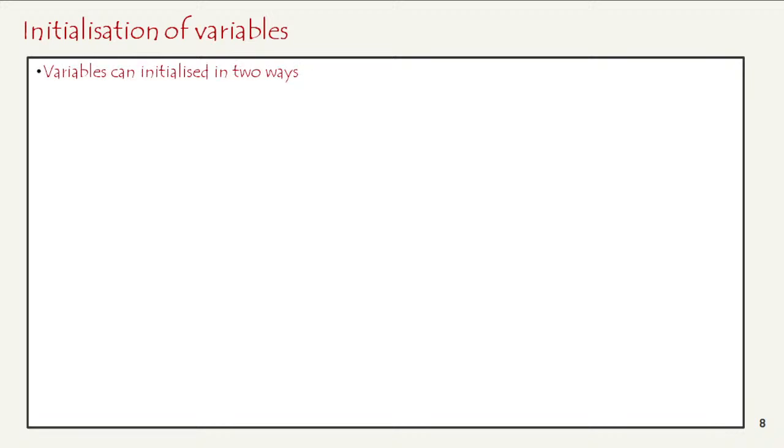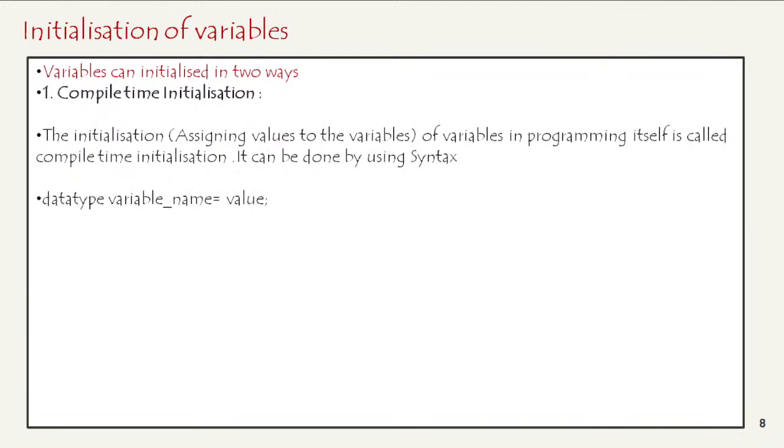Variables can be initialized in two ways in C programming language. The first one is compile time initialization. In compile time initialization, we can give the values to variables in the program itself. That means when you write a program in C, we are assigning some values to the variables.